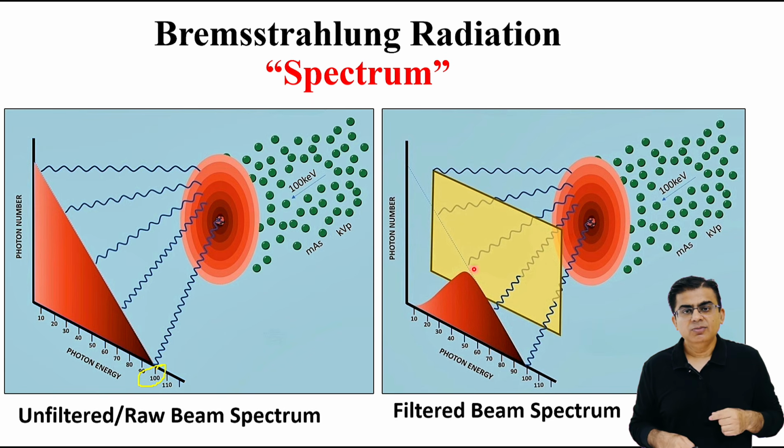This process of removing weak low-energy X-ray photons to make the beam stronger is called beam hardening. By filtering the raw beam, we get a safe, deep penetrating beam that you will use to treat your patients every single day or take an X-ray in the radiology department.